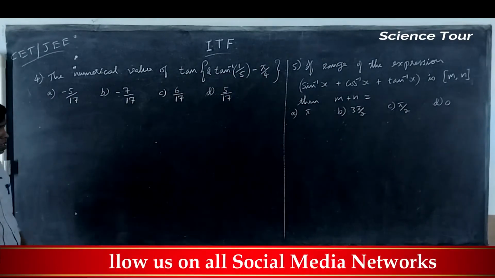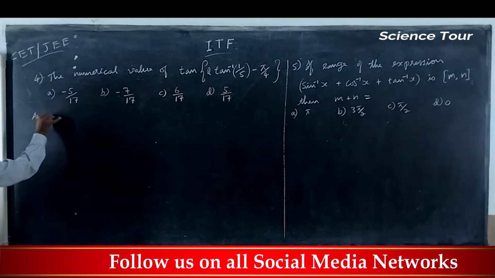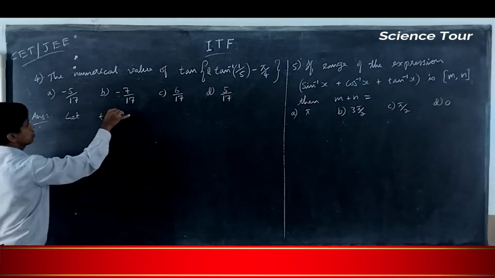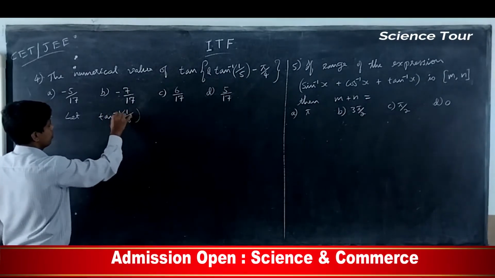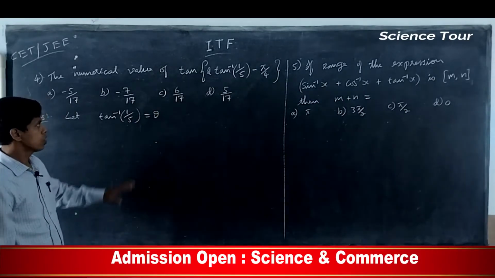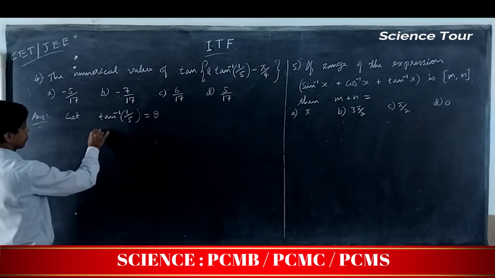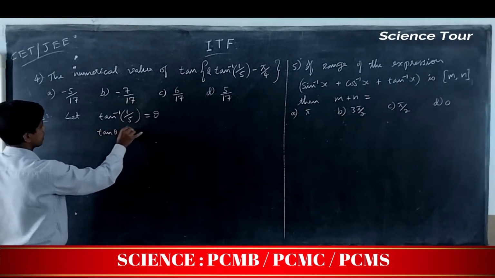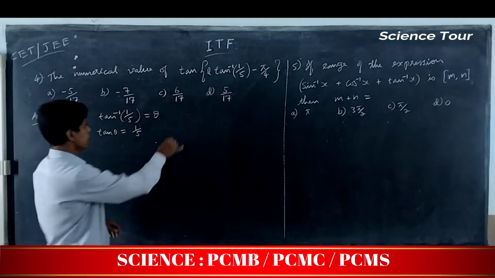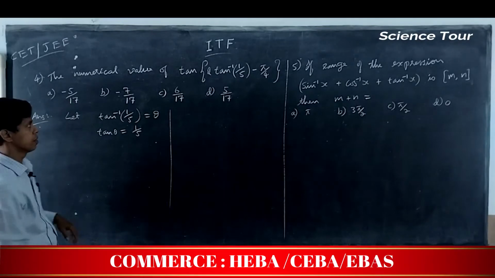Let tan inverse of 1 by 5 be theta. Then tan theta will be 1 by 5, is it not? Now look at the expression that I am getting here.